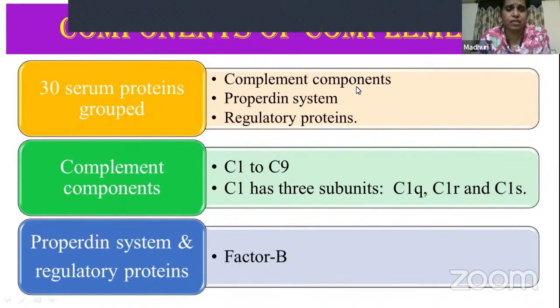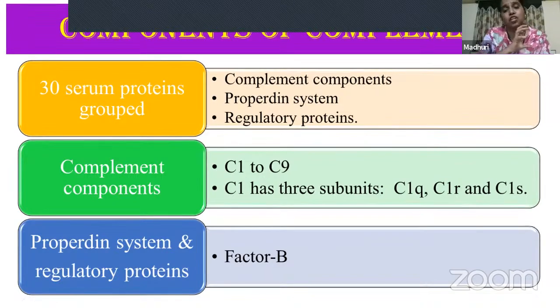What are these components? The different components of the complement are represented numerically, as C1 to C9. It goes in a sequence like C1, C2, C3, C4, C5, till C9. They are given those numbers based on the sequence in which they are activated.